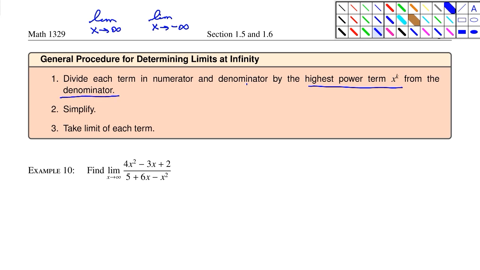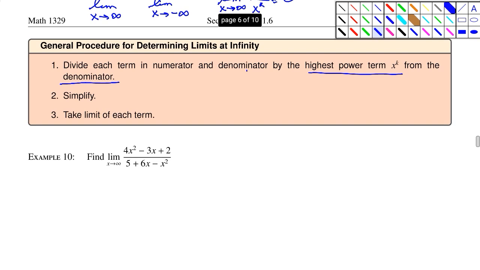It's not the highest power term anywhere; it has to specifically be one from the denominator. Then you simplify each of those terms, and then you take the limit of each of those terms, knowing that the limit as x goes to infinity or negative infinity of 1 over x to the k, where k is positive, is equal to 0. That's going to make most of the terms go to 0, maybe not all of them, and we'll handle those extra cases as they come up.